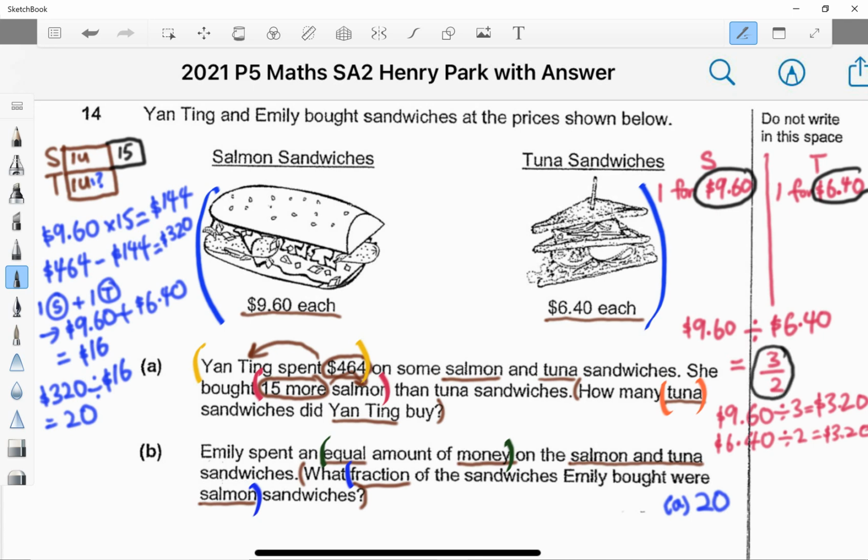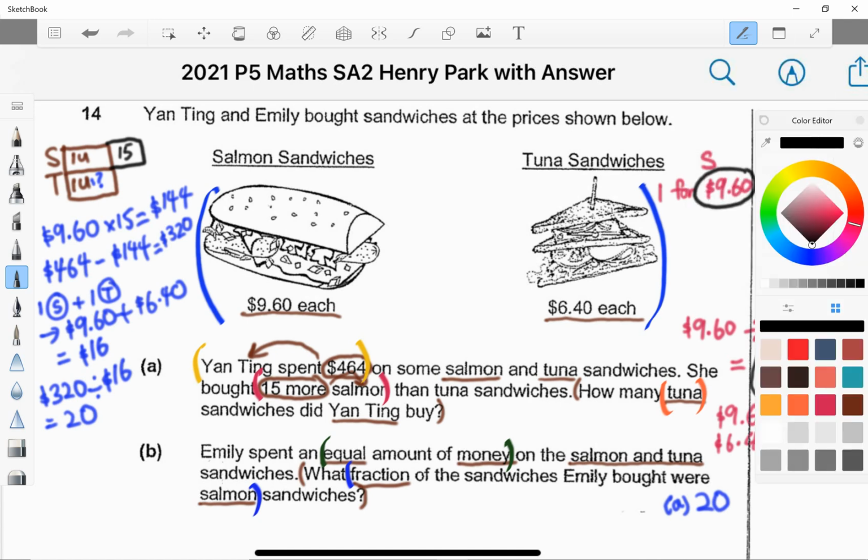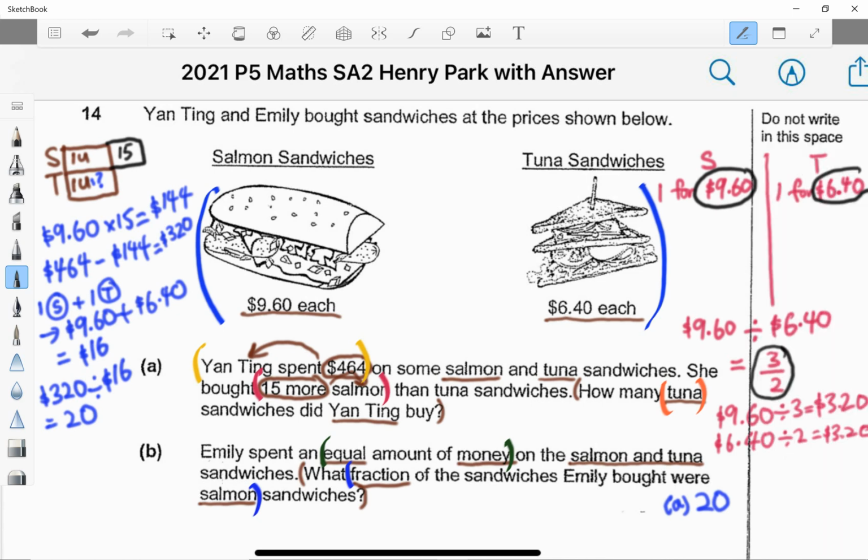So how about we try this LCM, meaning LCM of 3 and 2, and that is 6, right? So what do I mean by that? Let me write it down. LCM of 3 and 2 equals 6.